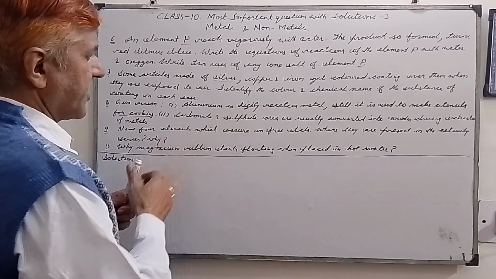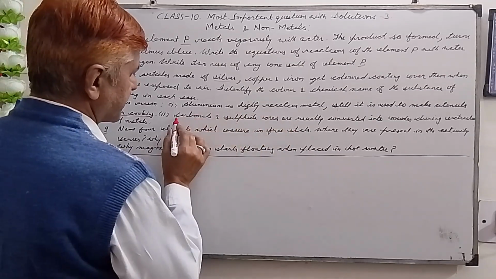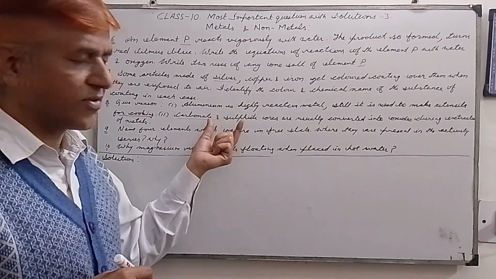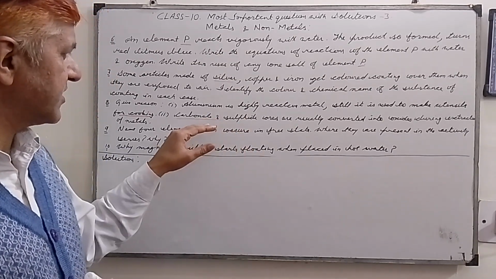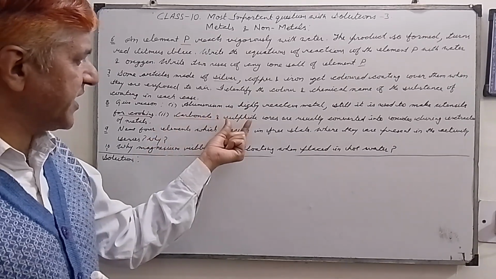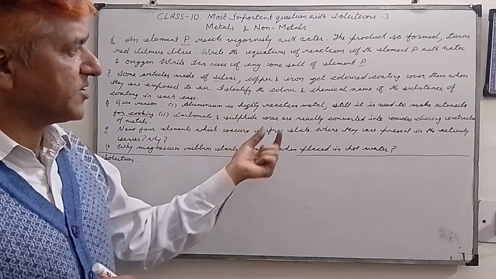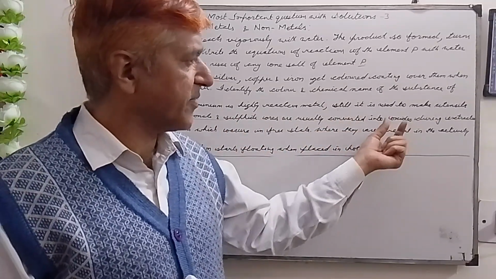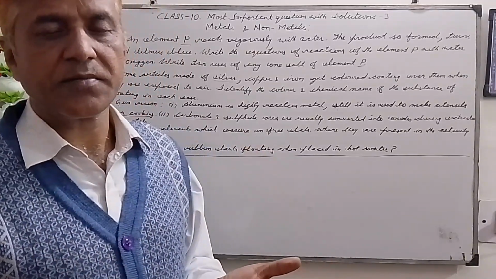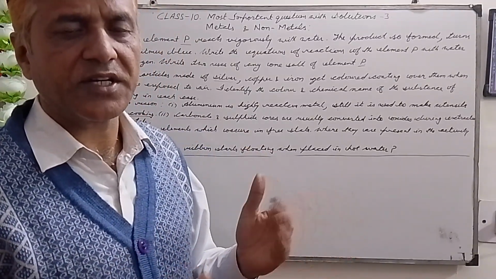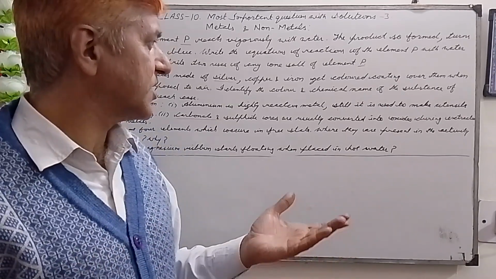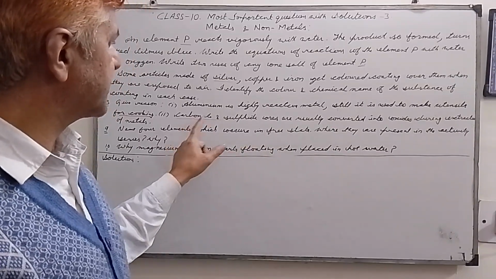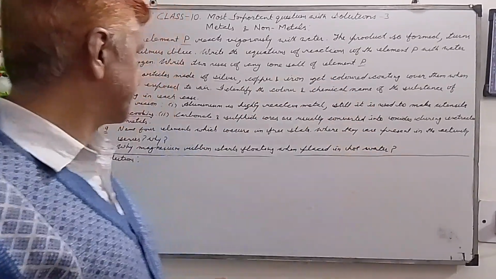Carbonate and sulfide ores are usually converted into oxides because it is very difficult to extract metals from their carbonates and their sulfides, and it is easier to extract metals from their oxides by simply heating or by reduction with carbon. So that is the reason that we convert carbonates and sulfides into oxides.